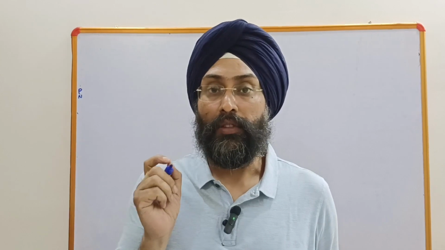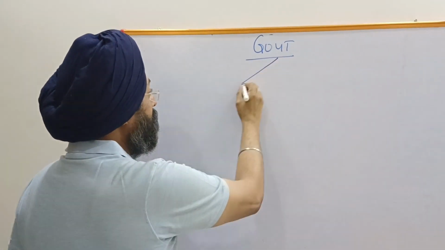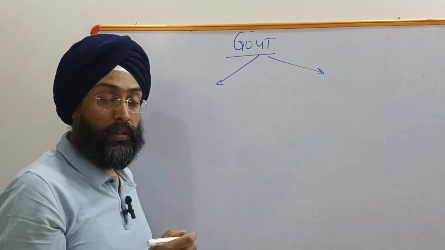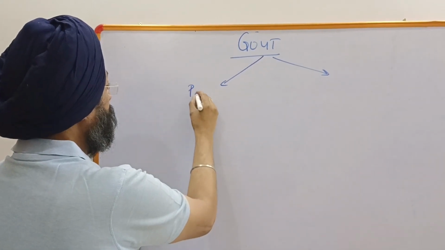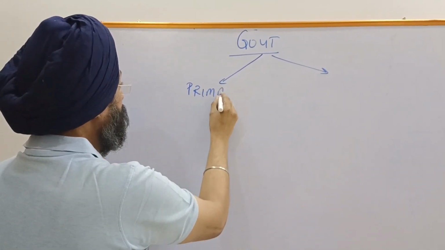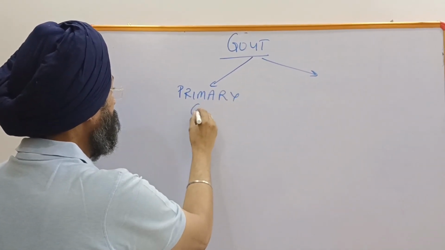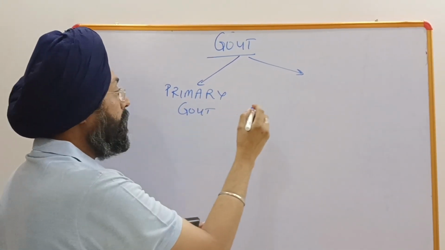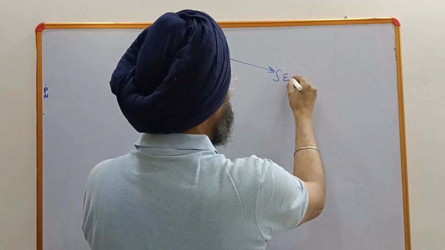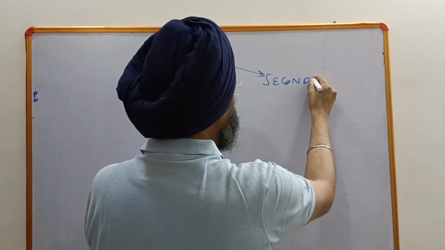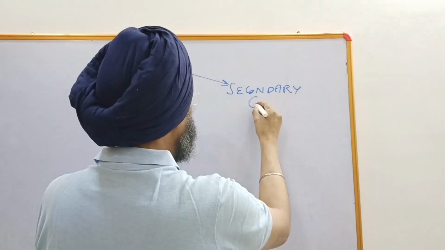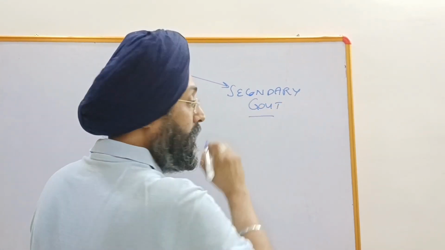Now we'll start with types of gout. There are basically two types of gout. First is primary gout, and the second is secondary gout, right?